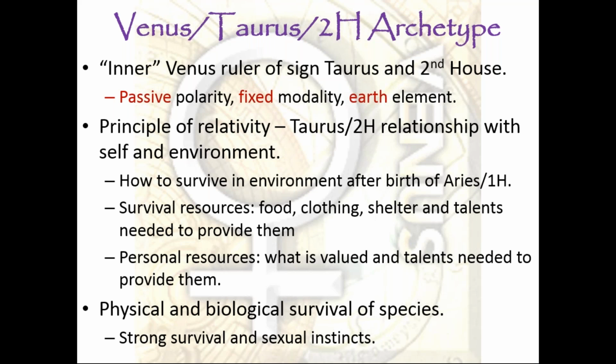Taurus in the 2nd house comes after initiation and birth with Aries in the 1st house. So Taurus in the 2nd house will rule survival resources such as food, clothing, shelter, and the talents that it takes from within ourselves to provide for those resources.